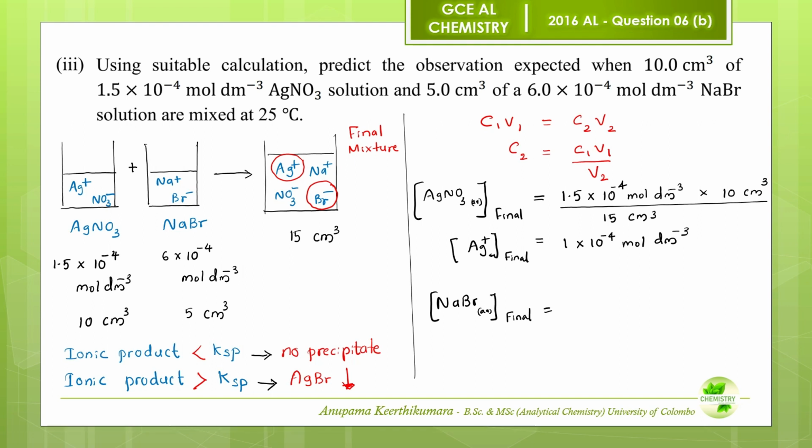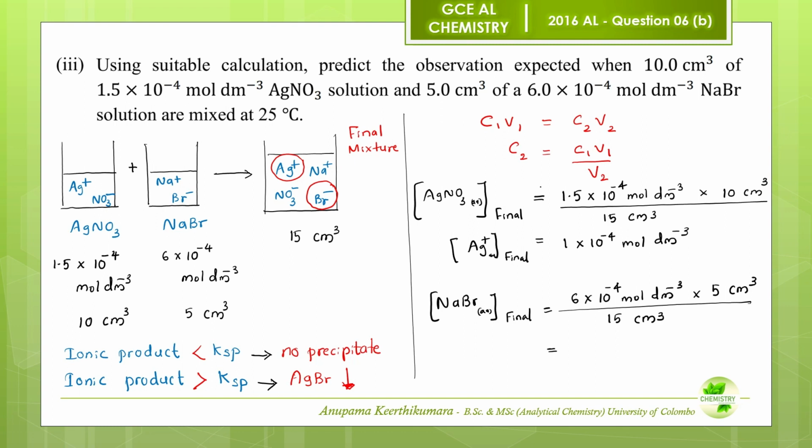Concentration of NaBr in the final mixture. Initial concentration is 6 times 10^-4 moles per cubic decimeter. V1, the initial volume, is 5 cubic centimeters. Final volume is 15 cubic centimeters.